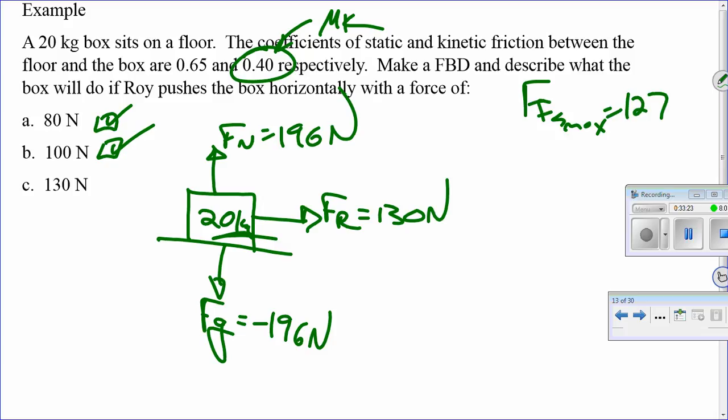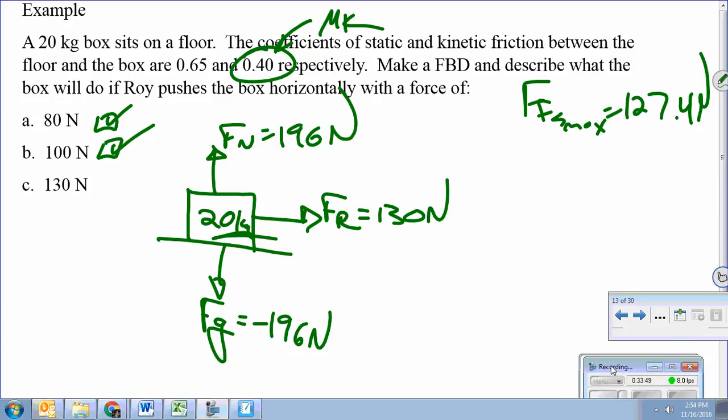It was 127.4. And so we've now determined that that's not enough force to prevent the motion. So nearly instantaneously, the object is going to begin moving. It goes from not moving to moving, and that means we're going to switch over to kinetic friction. So we don't even factor in the static friction at all when it starts moving. Exactly correct.